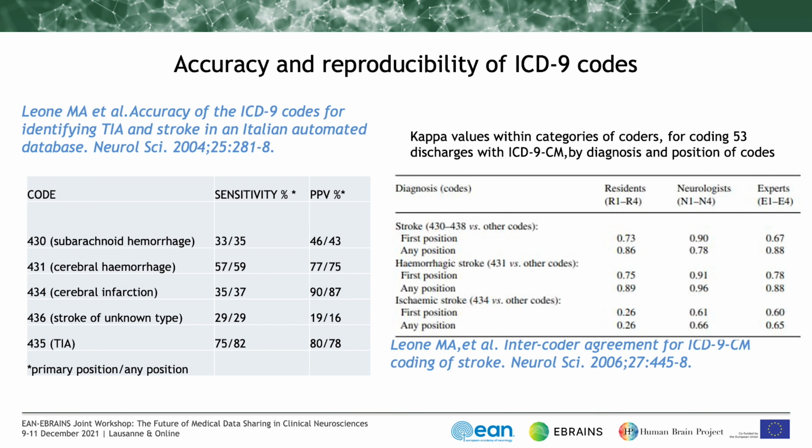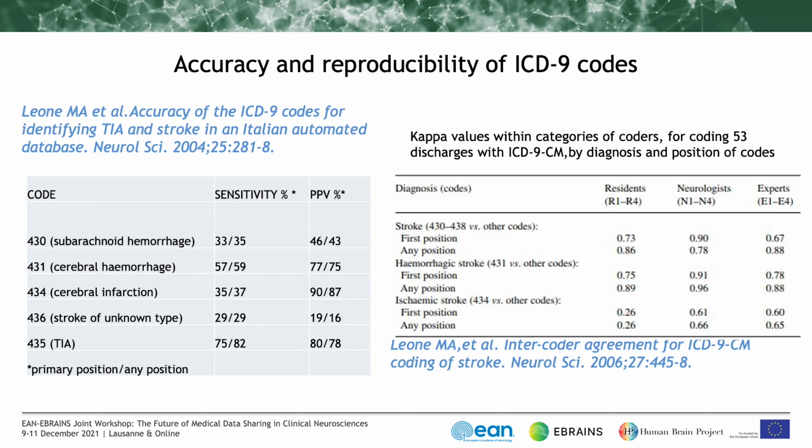But when you find a code 434.x1, that's very likely to be a code for stroke. So there is a low percentage of false positives. The other point that is interesting is that there is a clear difference between hemorrhagic and ischemic stroke, and this is a point that must be taken into consideration when dealing with any coded data for stroke.